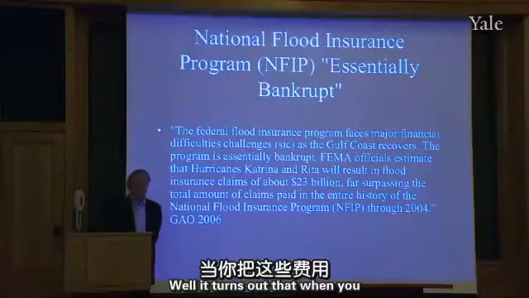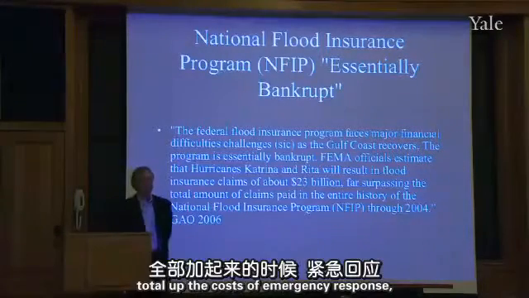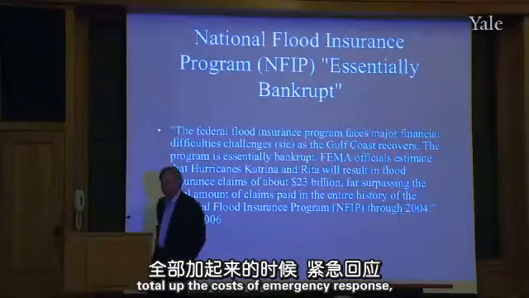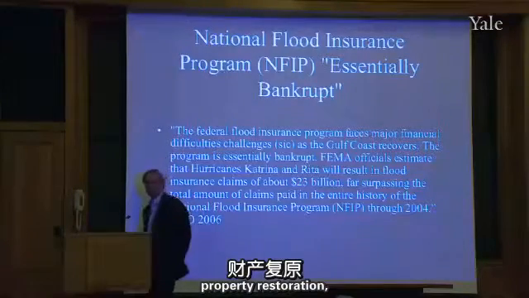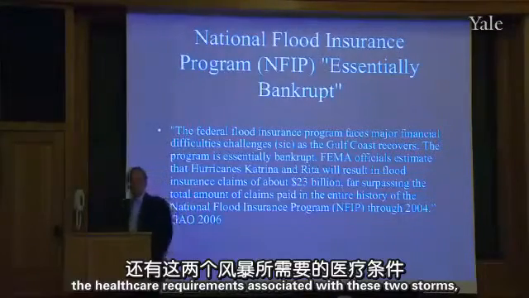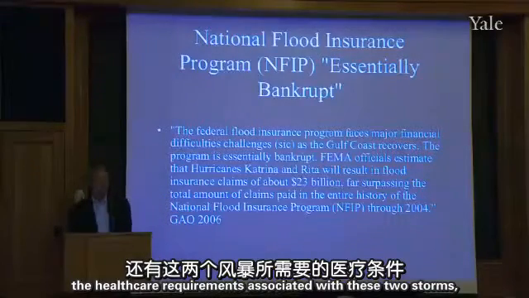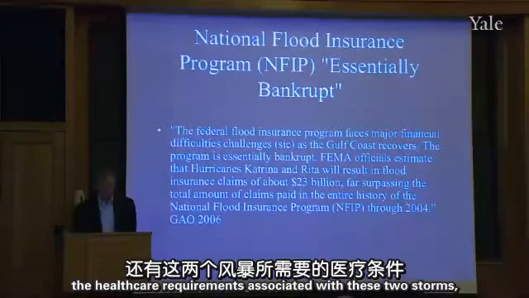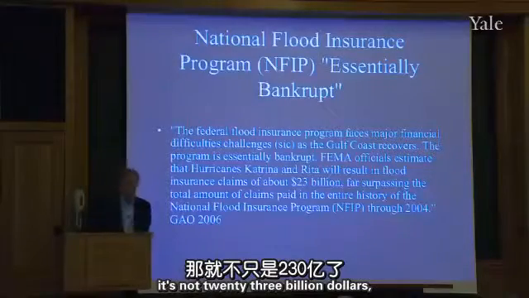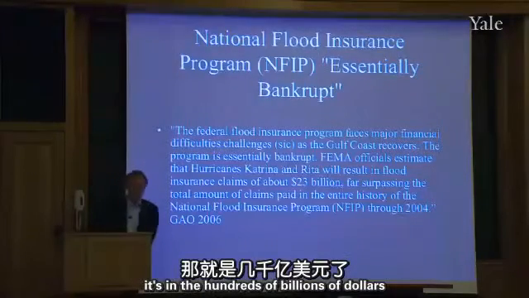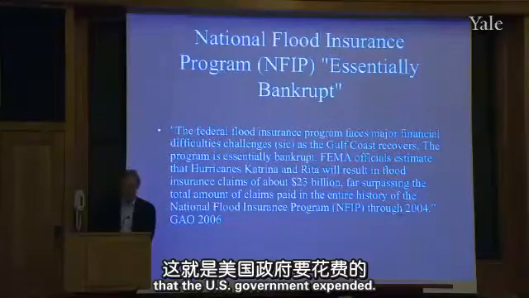Well, it turns out that when you total up the costs of emergency response, property restoration, and the health care requirements associated with these two storms, it's not $23 billion, it's in the hundreds of billions of dollars that the U.S. government expended.